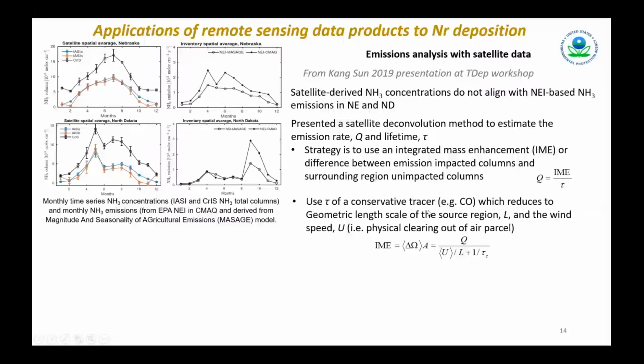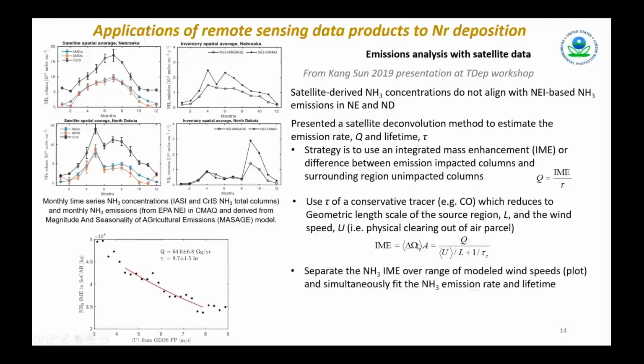And then you use a conservative tracer and the length of the source region, and use that for a physical clearing out of the air parcel, and then you're able to simultaneously fit the emission rate and the lifetime for ammonia.